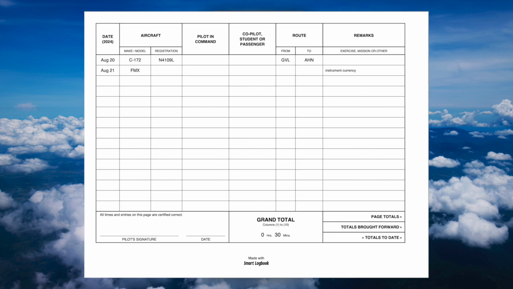Moving on to the Transport Canada format, we take a look at that format here. You can see here on page 1 that we do have the entry up here for the FMX, but that time again does not show up here in the grand total, which is still just the 30 minutes of flight time from that first flight.